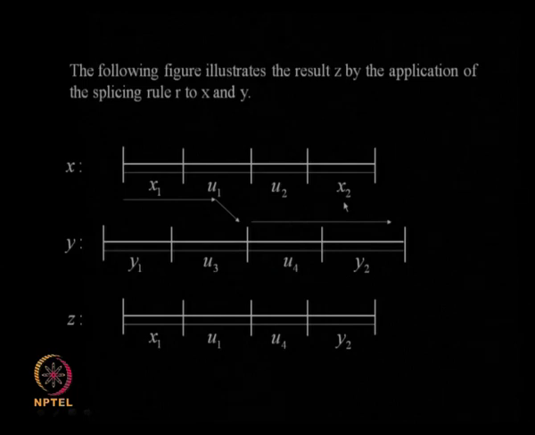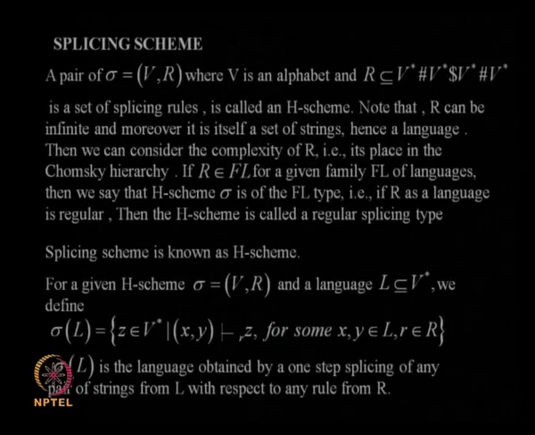In the formal definition, these two are slightly different; you call them one splicing and two splicing. Anyway, this is only a brief introduction to the splicing system, and we are not going into the details of the definitions. So, what is a splicing scheme? A splicing scheme is denoted by sigma. It has an alphabet and a set of rules.